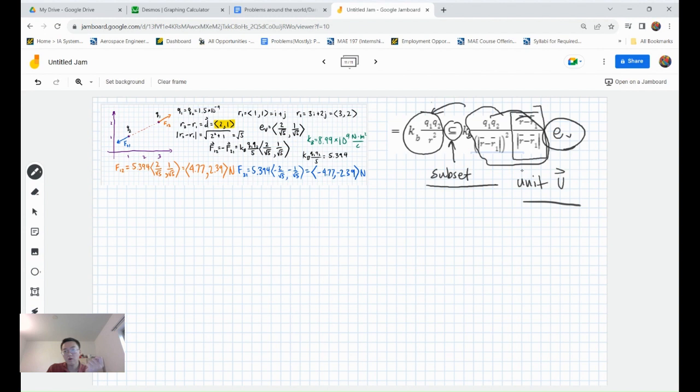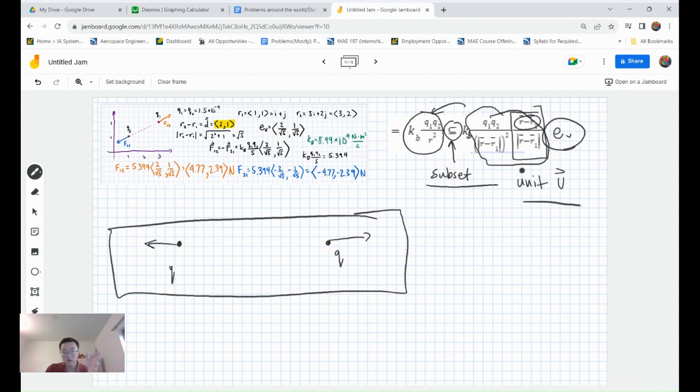Basically, if the charges were like this, in this format over here, then it would be this over here, because there's no reason to use the unit vector. But if it's an angle like this over here, you need to use a unit vector to figure things out. And then it makes sense.